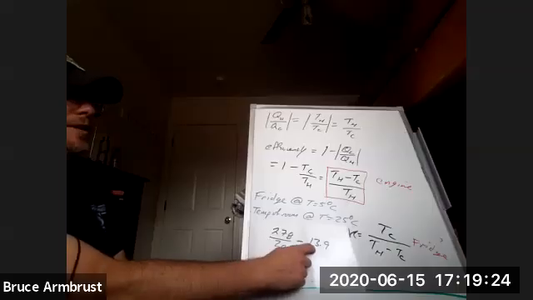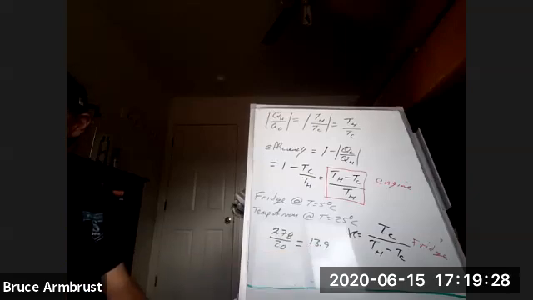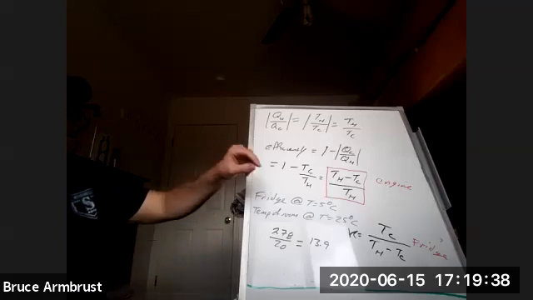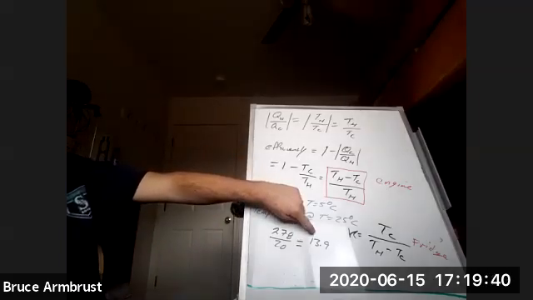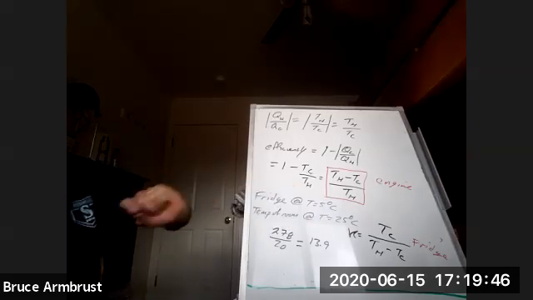So the way to interpret this number, the 13.9, is that this is the number of joules that you remove for every joule of work done.